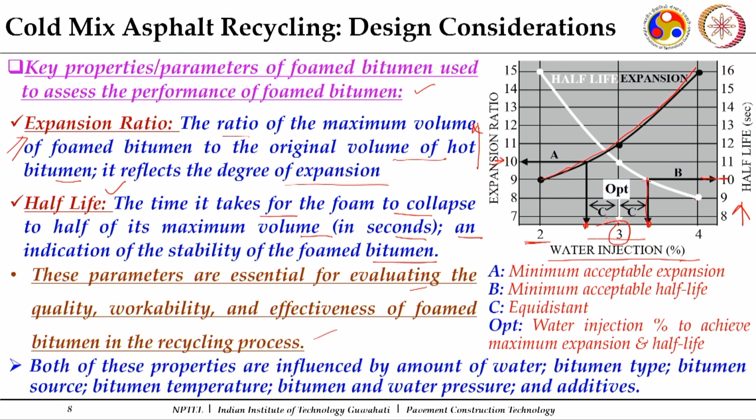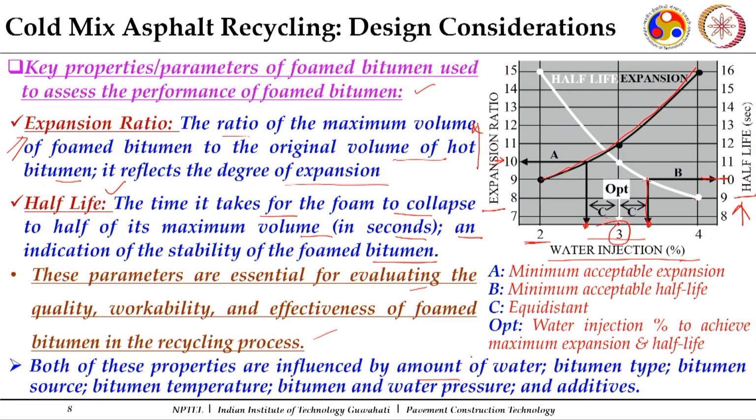So these are 2 important parameters specifically taken care of during lab produced stabilized courses, and also in plant and in situ. Both these parameters, the expansion ratio and the half life, depend upon the amount of water, the bitumen type, specifically the grade of bitumen used, the source of the bitumen, and the temperature.